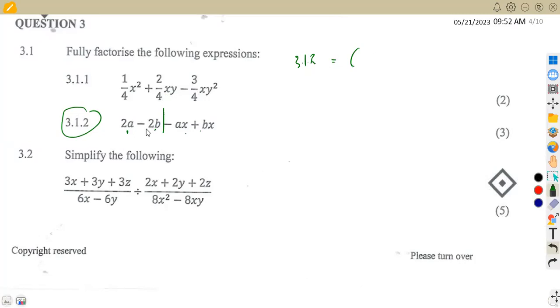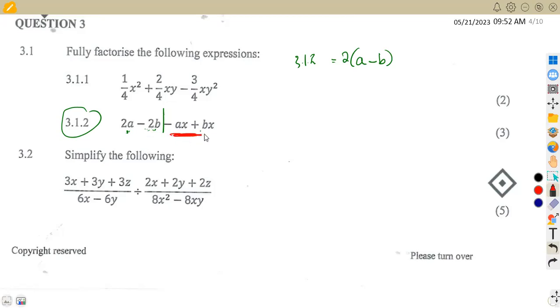So here 2 is common, so we can factor out 2. If we factor out 2, we remain with a minus b. That's 2a divided by 2, we remain with a, minus 2b divided by 2, we remain with b, as 2 and 2 will cancel. The same thing that you have done is supposed to happen here in this part.